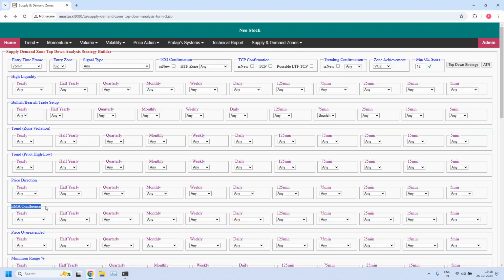So, looking for HTF trend downtrend, that is weekly trend downtrend, which stocks are having weekly supply zone with weekly EMA confluence. Weekly supply zone with weekly EMA confluence filter enabled because the 75-minute supply zone is part of the weekly.